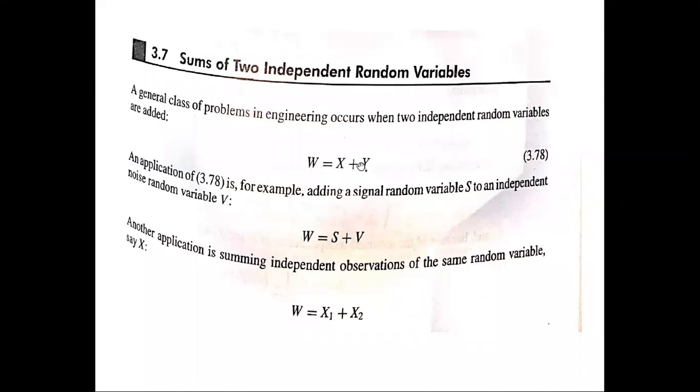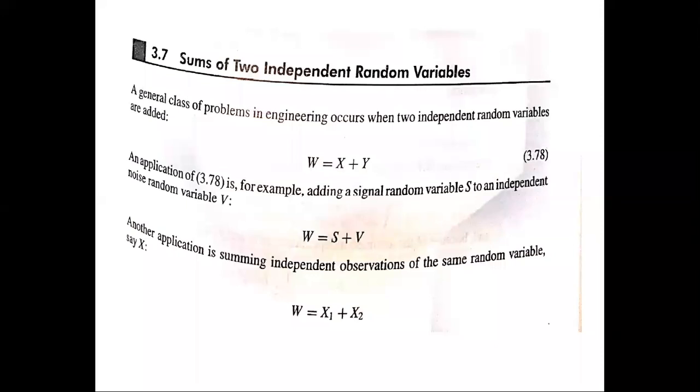That is the example given over here. The book has used the symbol v, but we can as well use n for noise. Capital N also can be used for noise. Further to that, x and y can also be two different observations of the same type of event, but the observations themselves might be independent.